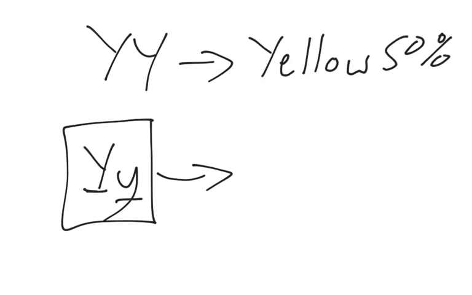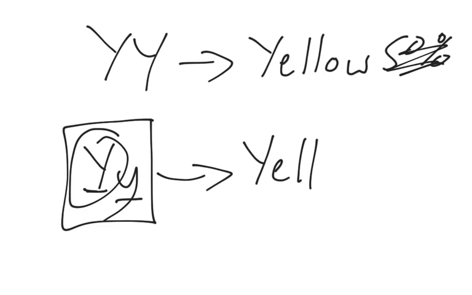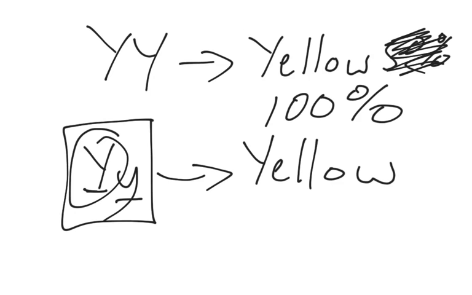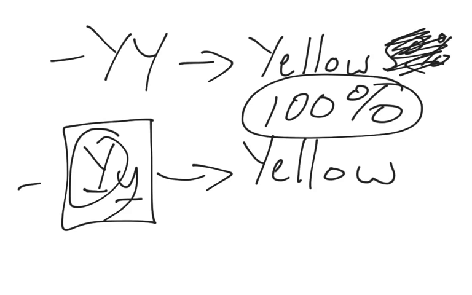Anytime you have a heterozygous, dominant and recessive, the dominant is the one seen. So in this case, it would still be yellow. So it wouldn't be 50%. We have yellow for both genotypes, so it would be 100% yellow. The genotype is 50%: you're going to get two different types of genotypes, but you're only going to get one phenotype. You've got to be able to make that distinction between a genotype and a phenotype.